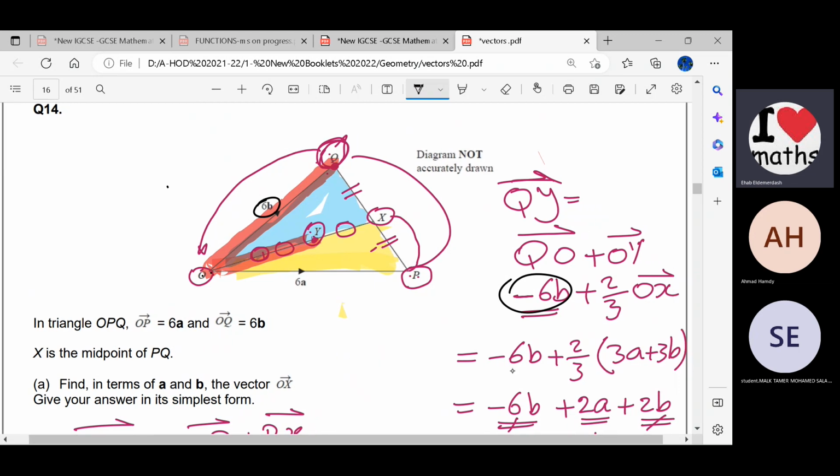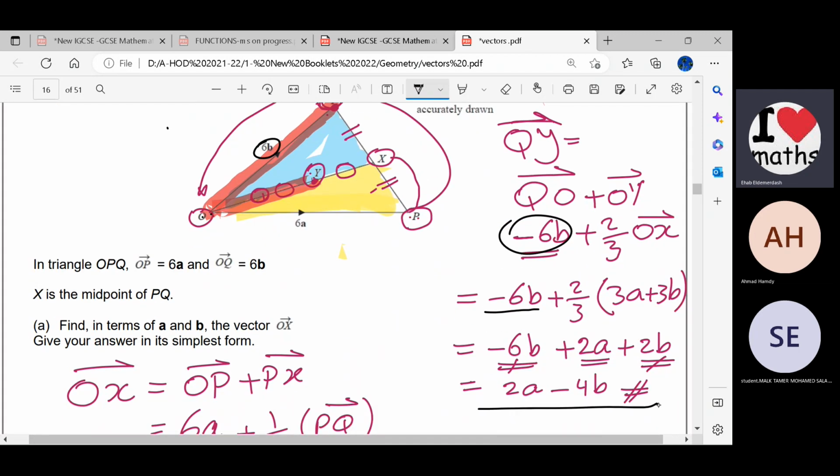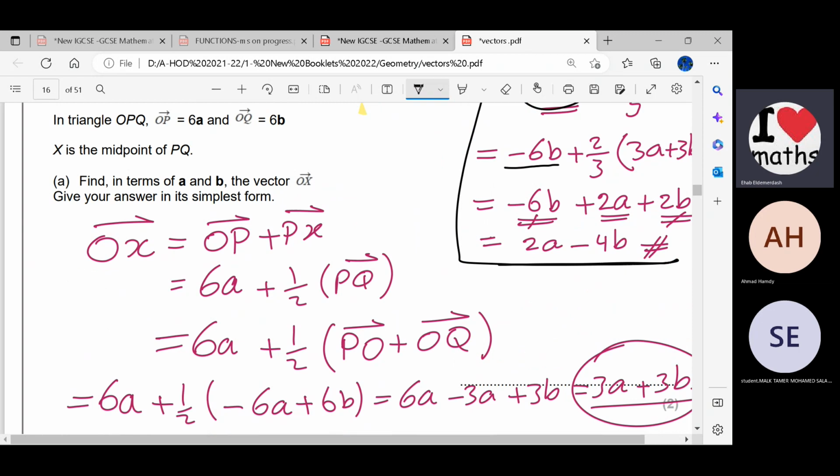So I wrote it as negative 6B plus 2/3 of this expression, 2/3 of the 3A plus 3B. And we found negative 6B plus 2A plus 2B, and we get it simplified this way. Is it clear? Understood or so-so? Okay, let's make another one.